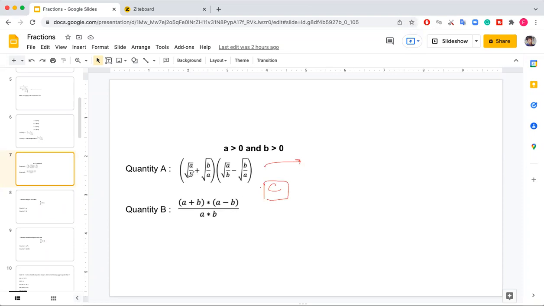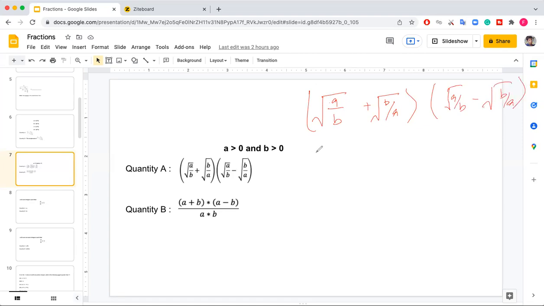And if you are confused at first in this, okay, we have A over B plus B over A into A over B minus B over A, right?